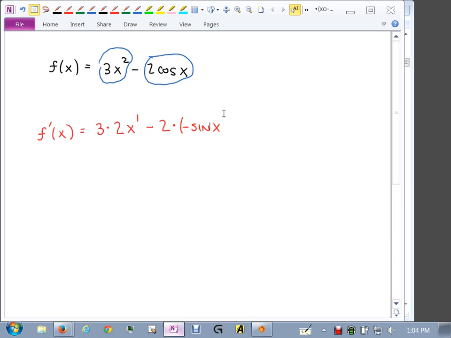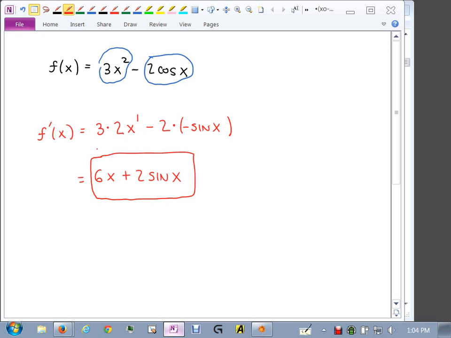The reason I'm going to put it in parentheses is because I'm doing a negative 2 times a negative 1, which becomes plus. So my end result here is 6x plus 2 sine x. Good? Other questions?